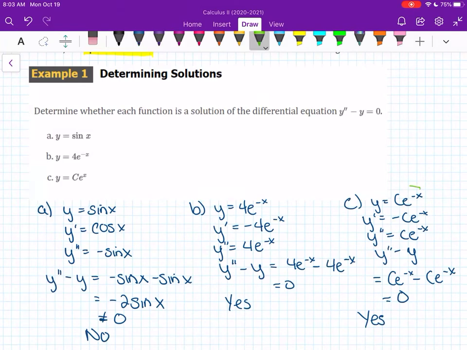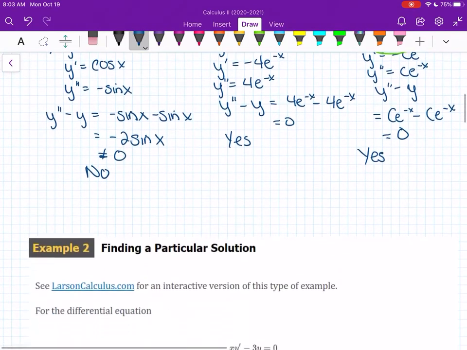So this is also a solution, and this is what we call the general solution, because it describes the form of all possible solutions. If they gave us a particular value for x and y to start with, then we could find the specific value of c, such as 4, which might be a particular solution.